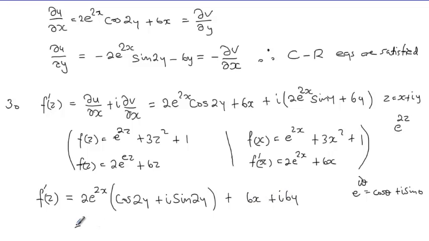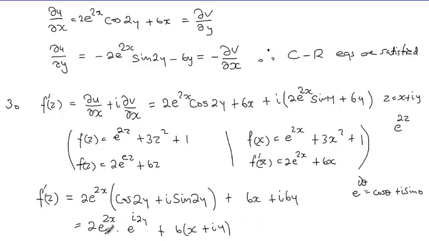So now simplifying, we write this as 2e^(2x) multiplied by e^(i2y) plus 6(x plus iy).